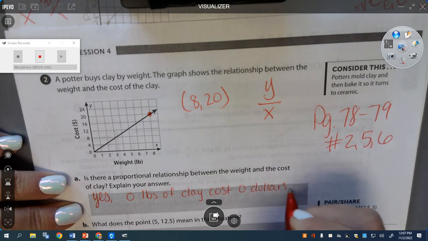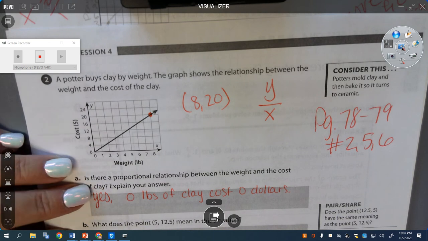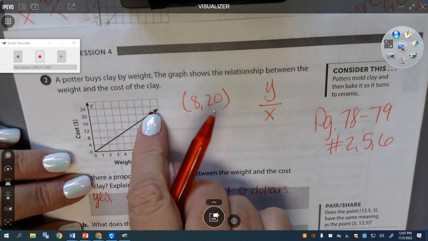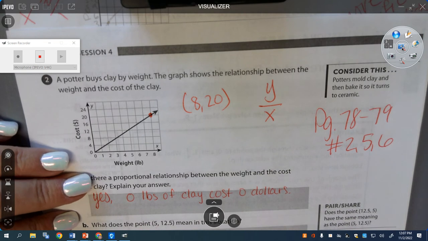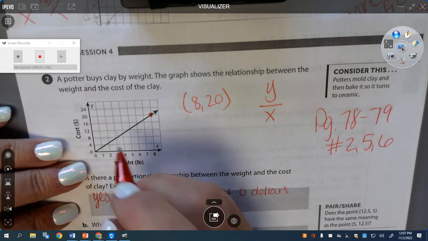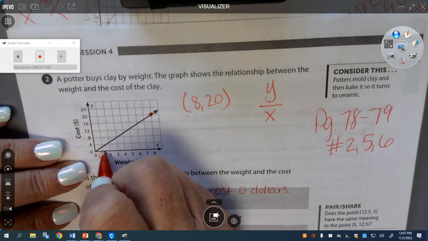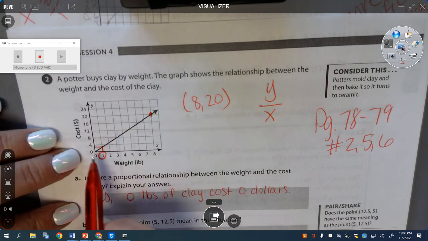What page is this again? 78. Then the next thing is, we know it's a straight line, but the constant makes it a straight line. Well, what is our constant? Well, here's the bummer. Remember when we talk about constant, we say, when you go to the x value of 1 and you go up to the line, you go over, and whatever that number is, that's your constant.